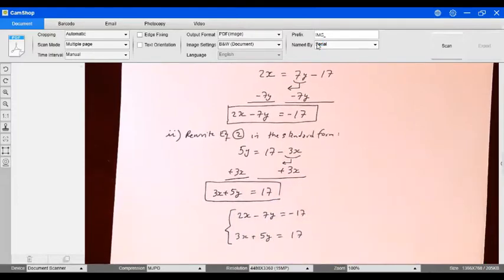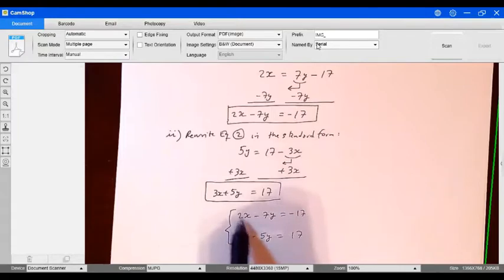So now I'm going to start my method of addition. So I need to look for a variable to eliminate. So you can see now that I need to multiply both equations by different numbers in order to get opposite coefficients for one of the variables. We're going to cross multiply coefficients. You can multiply, for example, the first equation by the coefficient of x in the second equation, and the second equation by the coefficient of x in the first equation.